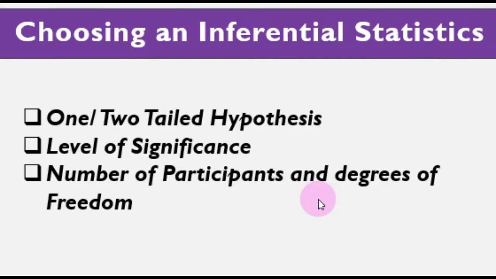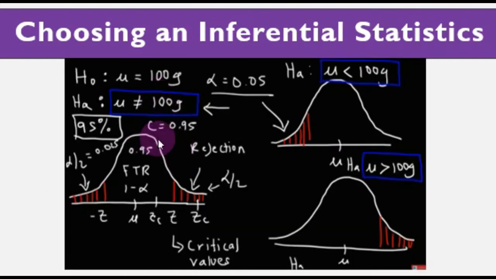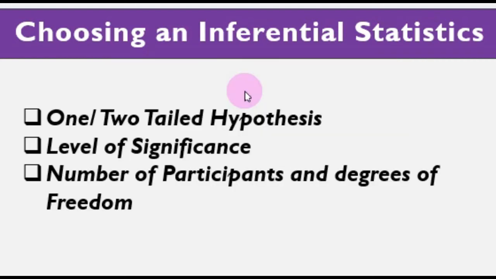All right, let's move to level of significance. Level of significance, ito yung level of significance. Okay? So, 0.05. We identified that one already. Okay? And number of participant and degree of freedom, it depends kung gaano kadami yung computed value mo, okay, para makuha ang degrees of freedom.